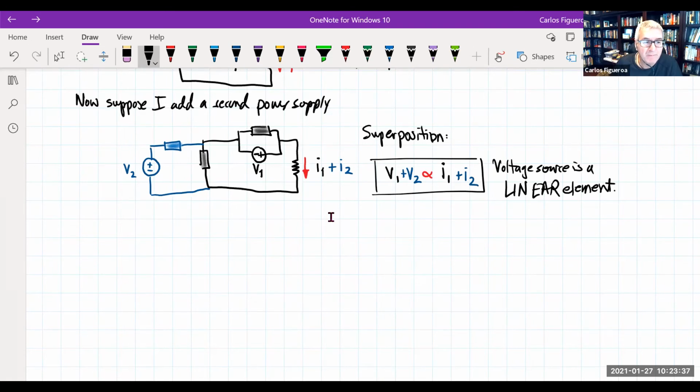So a light bulb is not a linear element. A resistor is a linear element because it does not change appreciably as you increase the current through it. But light bulbs are not linear elements.